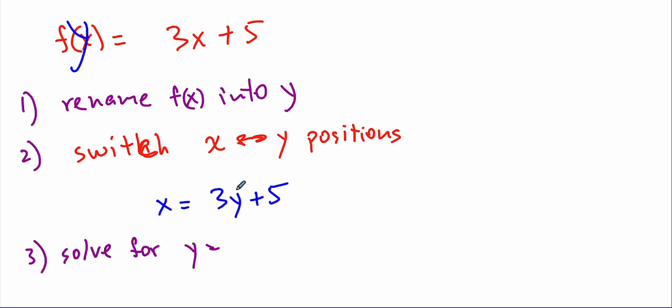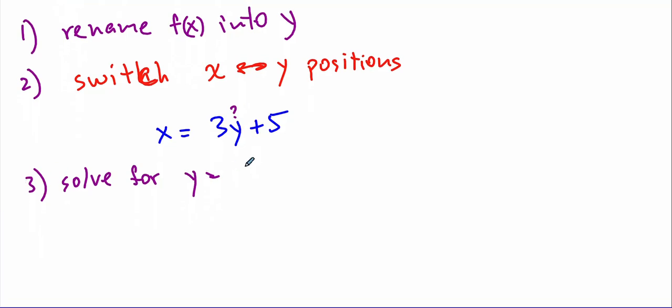But honestly, right at this point, just by switching the x and y positions, you already created the inverse function. It's just that when we write a function, we typically write y equals or f of x equals, but we don't write x equals in terms of y.